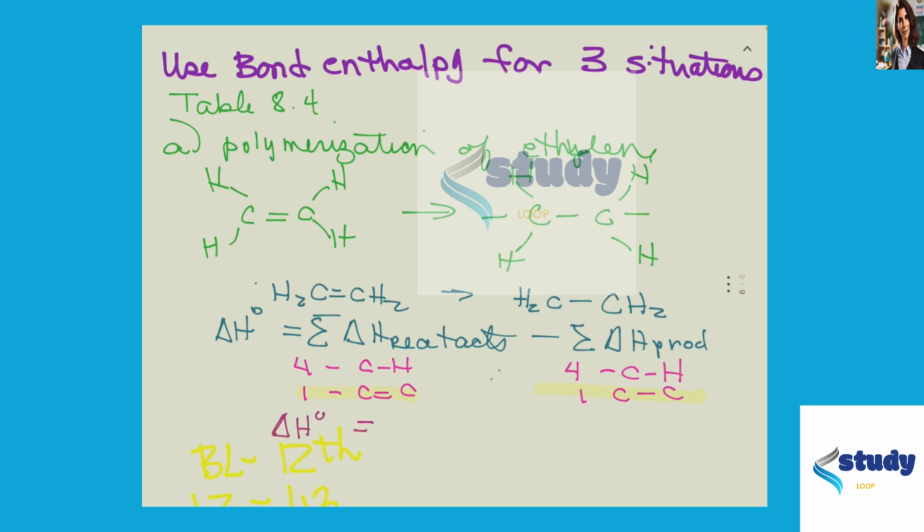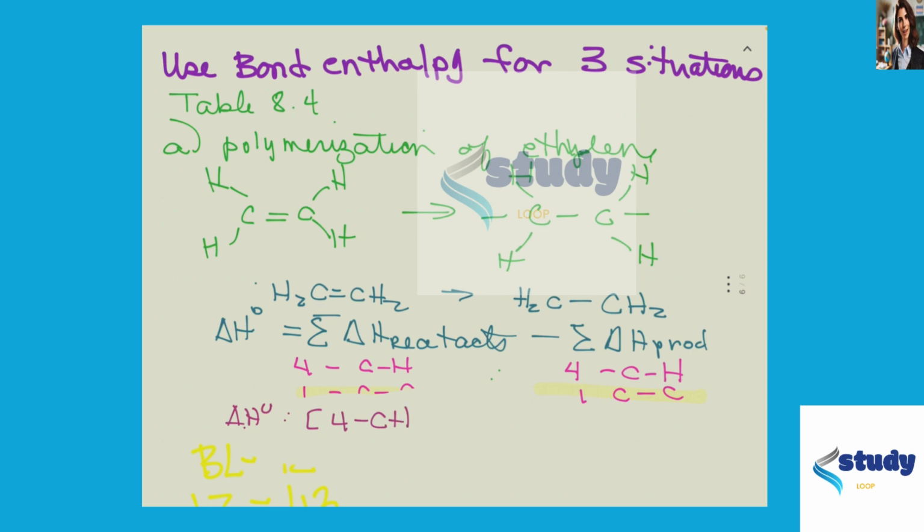There we go. So we are going to check this out, and this will be equal to 614 kilojoules per mole minus... let me double check here. I think I did my original calculation wrong.